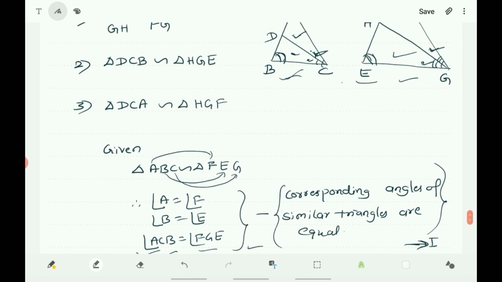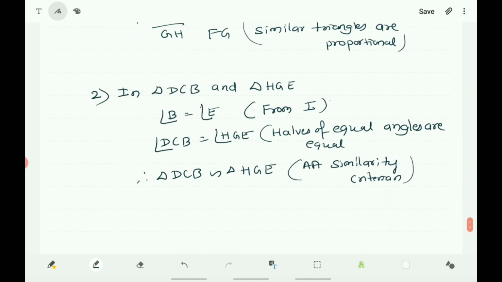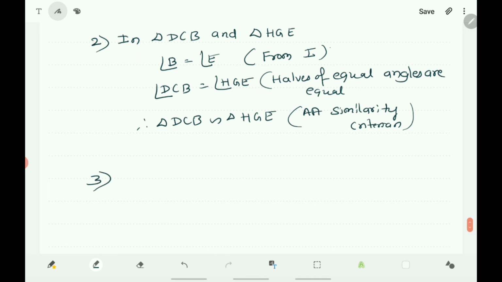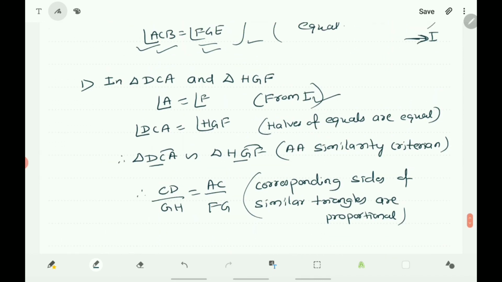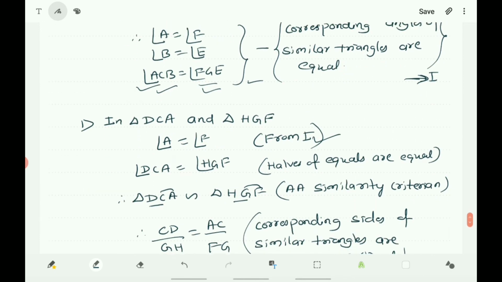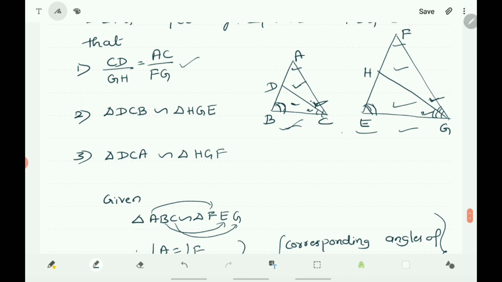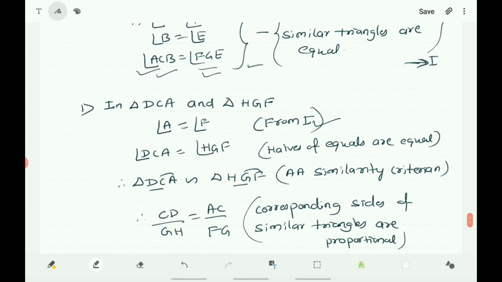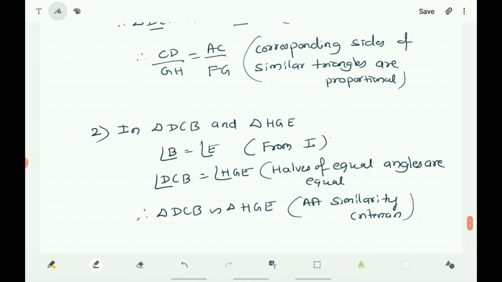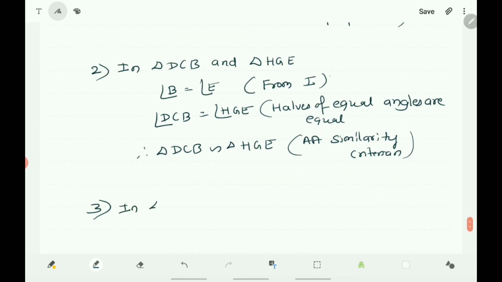Third one, that is you prove that triangle DCA is similar to triangle HGF. That is proved already, but once again you can take the angles the same here. In triangle DCA and triangle HGF, angle A is equal to angle F and angle DCA is equal to angle HGF.